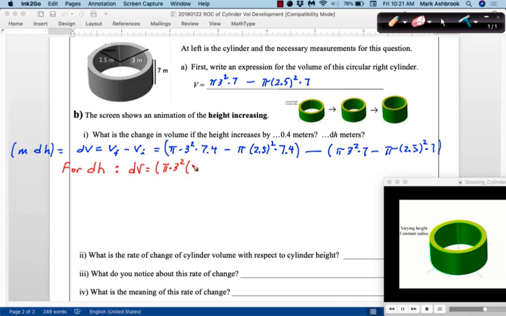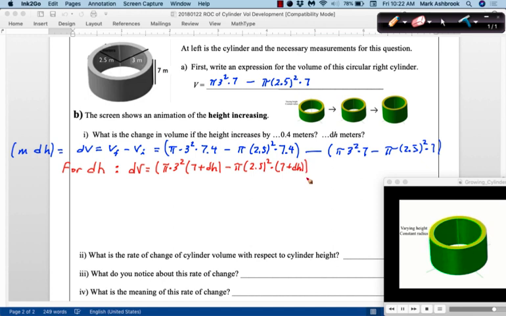That's right. That'll be the final height after it's changed by dH. Minus pi times 7 plus dH again. So now that's our final volume.